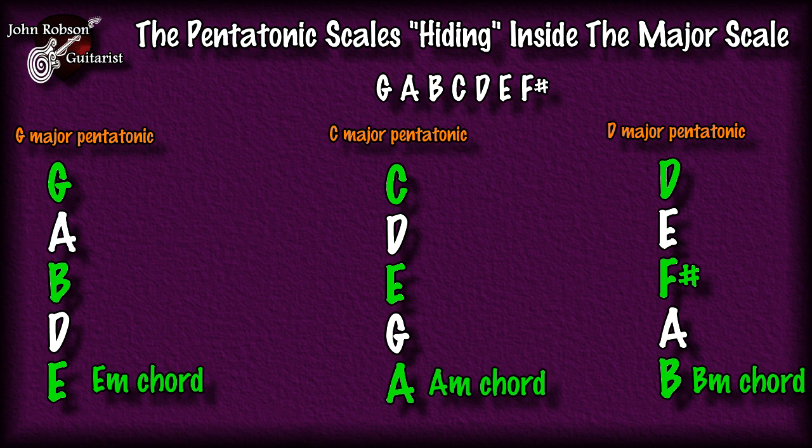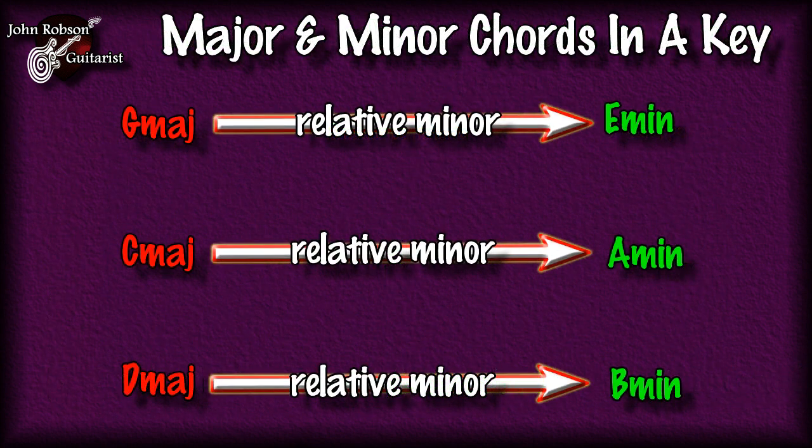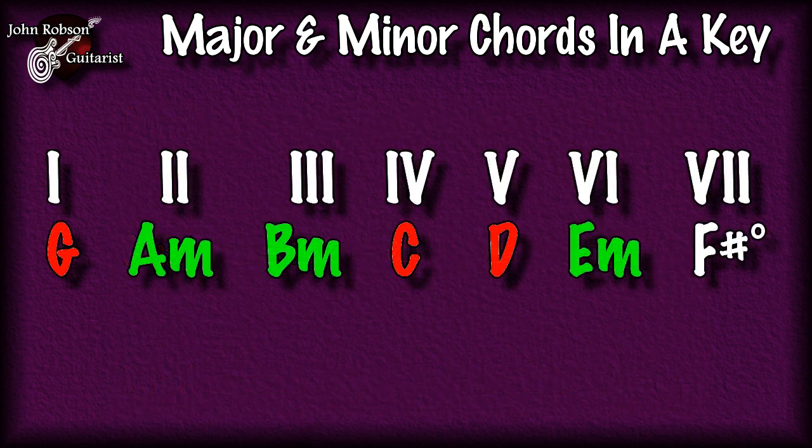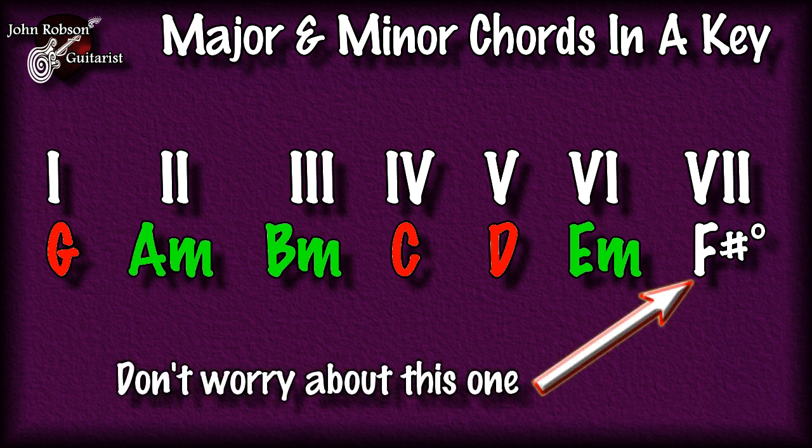So essentially what we've got are three major chords, G, C and D, along with their relative minor chords, E minor, A minor and B minor. And these chords of G, A minor, B minor, C major, D major, E minor and the F sharp diminished, we won't worry about that one for now, are the 7 chords within the key of G major.